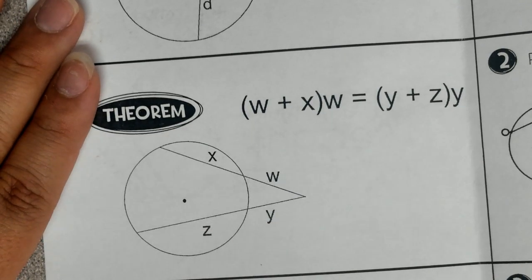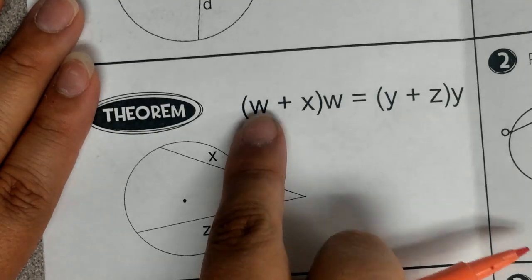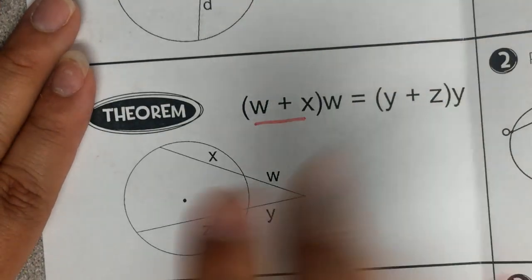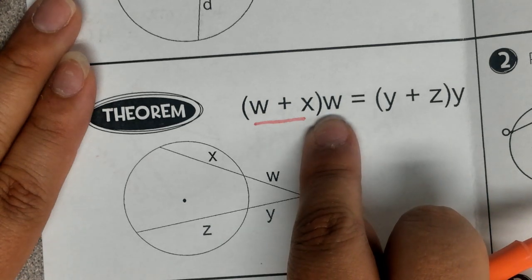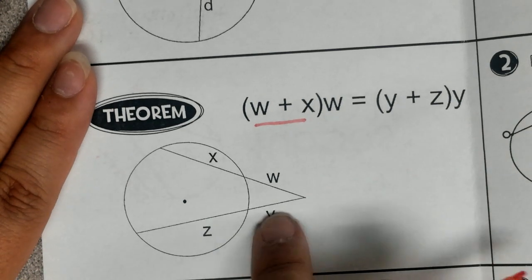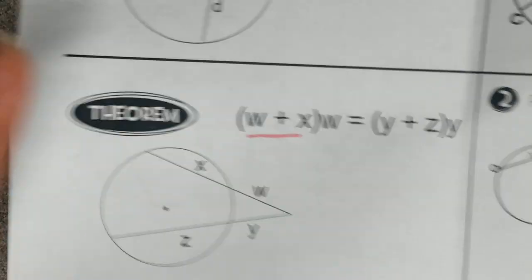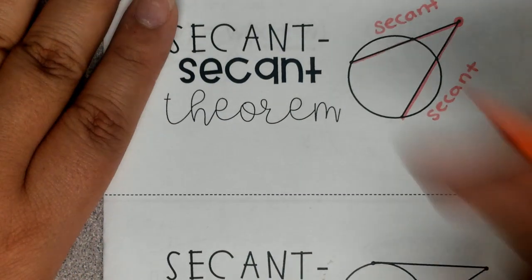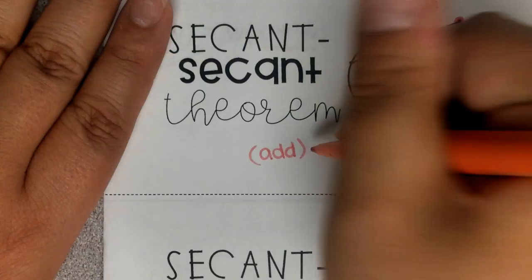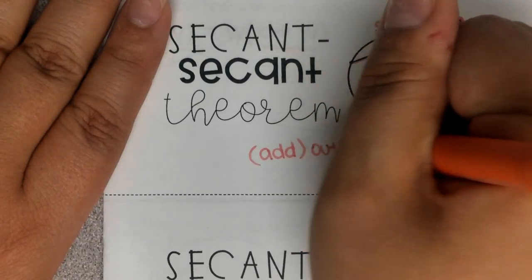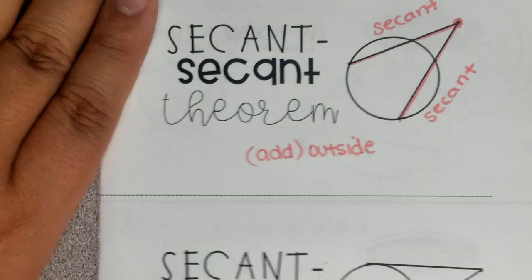The way that I like to say this first part right here, do you agree is adding them together? The second one is the outside. Down here it added them together and then the outside. So when you have two secants, you add together the numbers and multiply by your outside number.